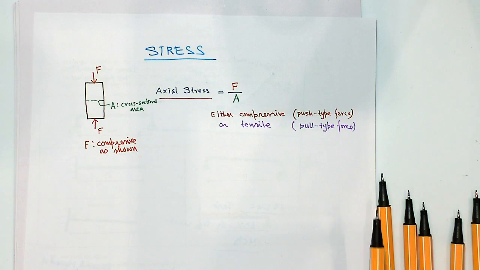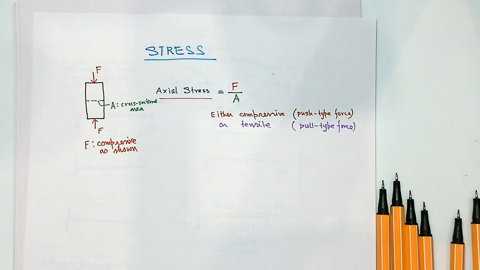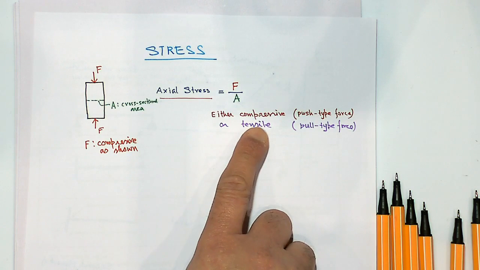Okay. Now in all cases, what we need to know is you have a structural member, you put a load, and there are two things you need to find out. One thing is the stress. Why?